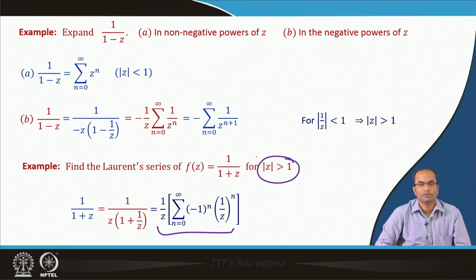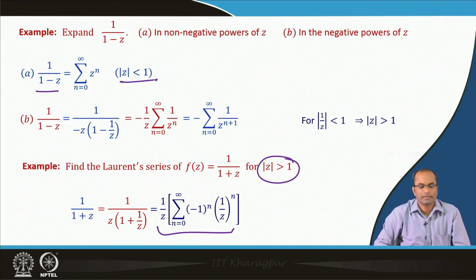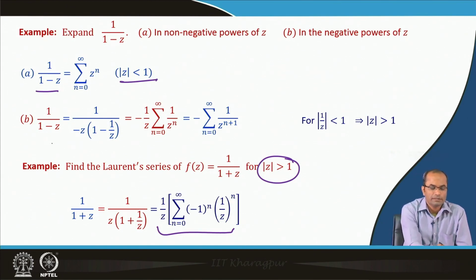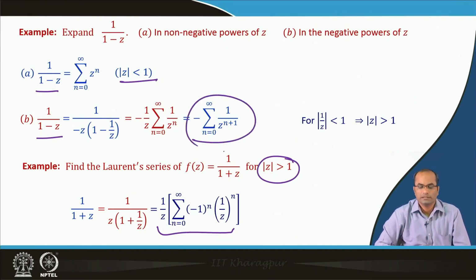So what we have observed now is basically four expansions. One is for 1 over 1 minus z, valid for mod z less than 1. We have another expansion for 1 over 1 minus z, which is given here by this series, but the validity is mod z greater than 1.